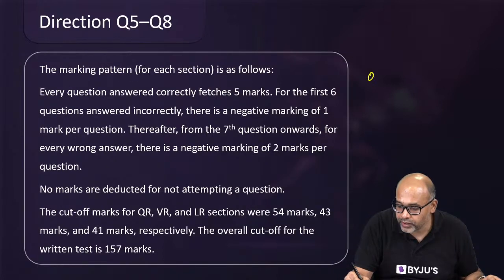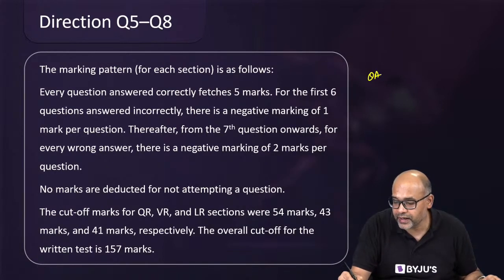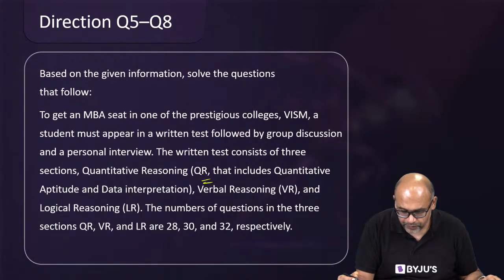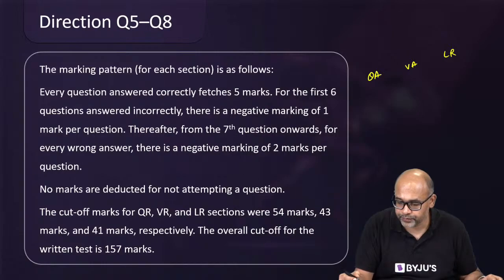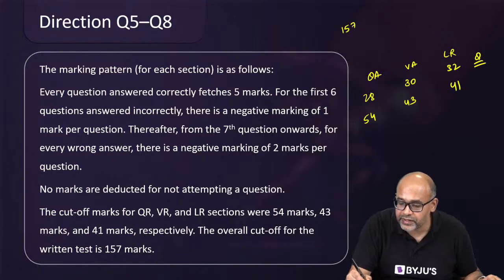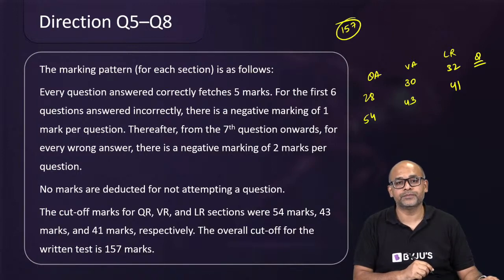That's how it is. 28, 30, and 32: these are the numbers of questions. Your cutoff marks are 54, 43, 41, and overall is 157. This is the information for you, correct?